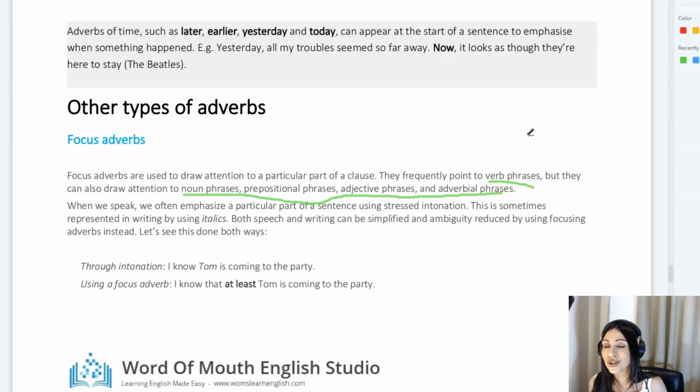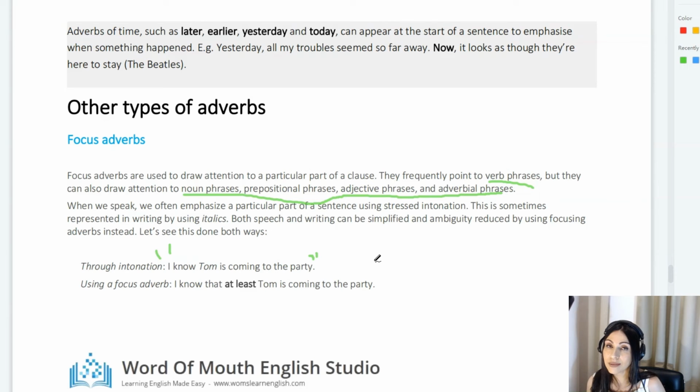In other words, you've got to be quite well versed with your use of collocations. Collocation, collocation, collocation. That's what we say. When we speak, we often emphasize a particular part of a sentence with stressed intonation. So with this kind of intonation, okay, right, you can say this sentence without using any adverb.